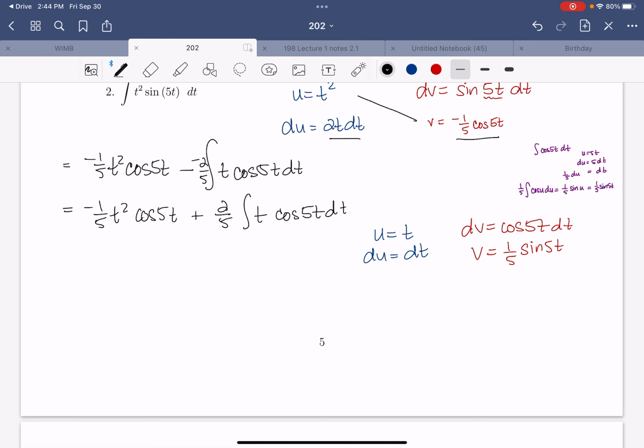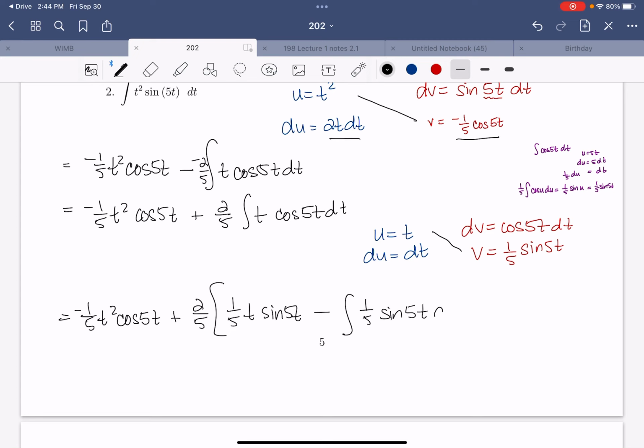All right, back over here. We've got negative 1/5 t squared cosine 5t from above plus 2/5 times. Now, the second integral, we're using the integration by parts here. So that's going to be these two multiplied together. So 1/5 t sine of 5t minus the integral of 1/5 sine 5t dt.